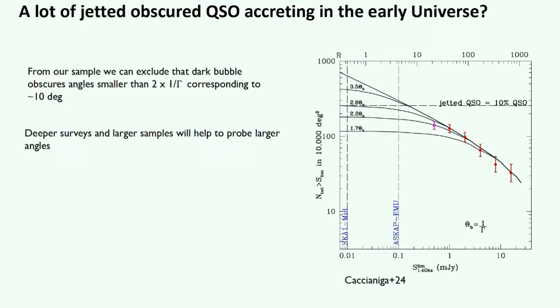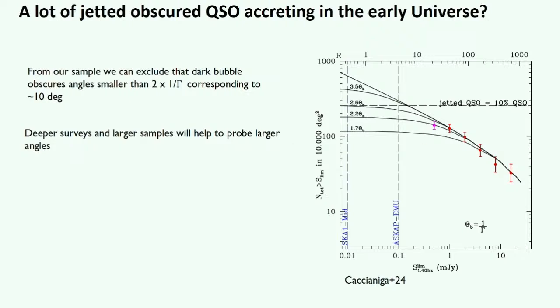We can say that we see objects within an angle which is more or less 10 degrees from the axis of the jet, which is not much, but with deeper surveys, with deeper samples, we will be able to measure more precisely the angle which is free from absorption.